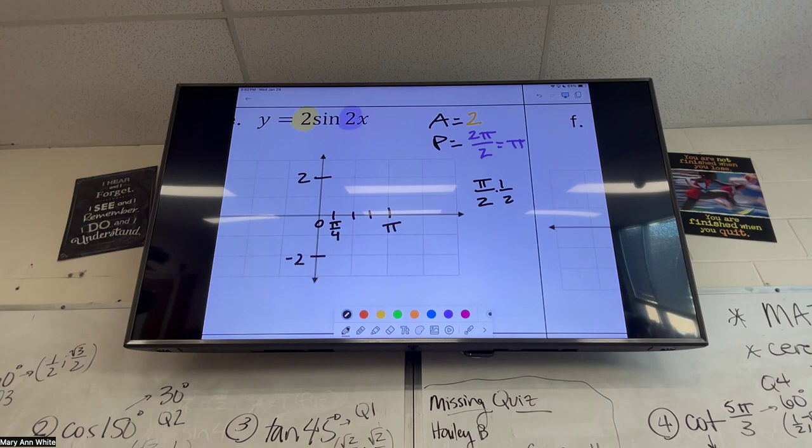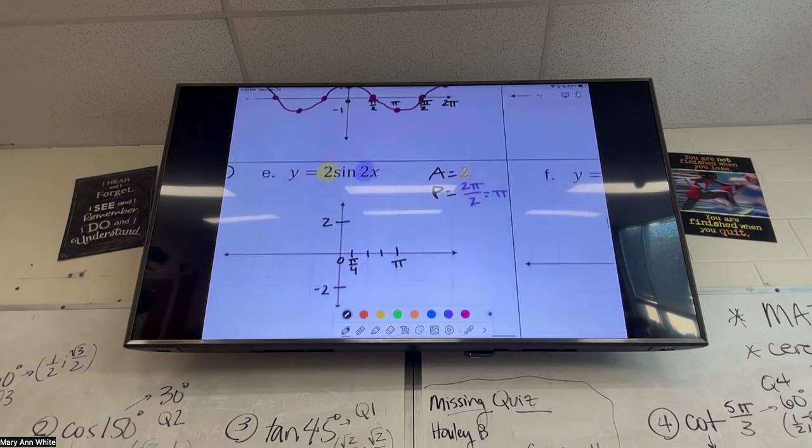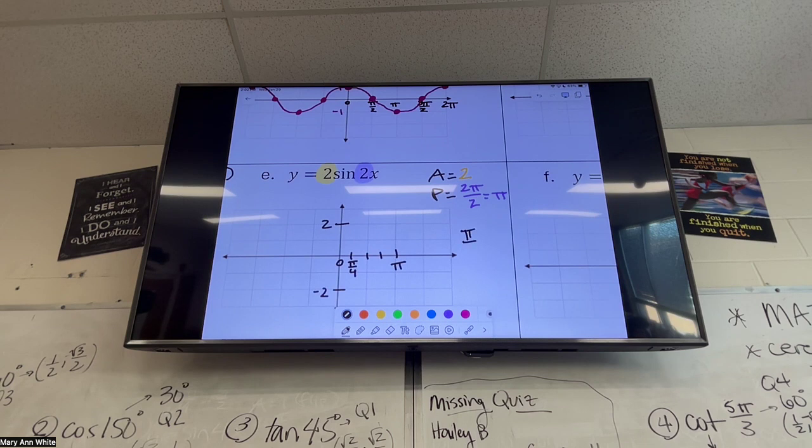Half of a half is now down to a 4. My next angle is just pi, and I'm going to divide that by 2. Oh, I can just leave that as pi over 2, right? And then my next one is 3 pi over 2 divided by 2, or times a half. 3 pi over 4.